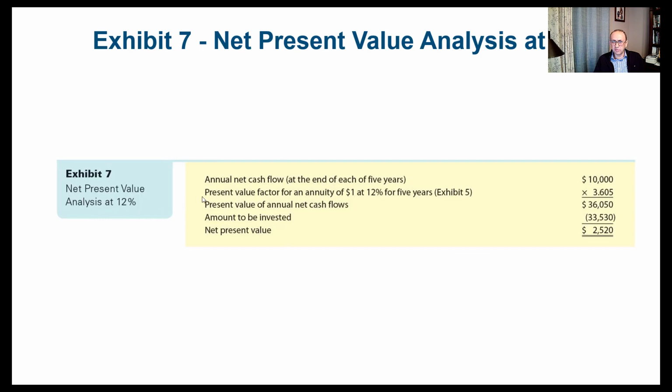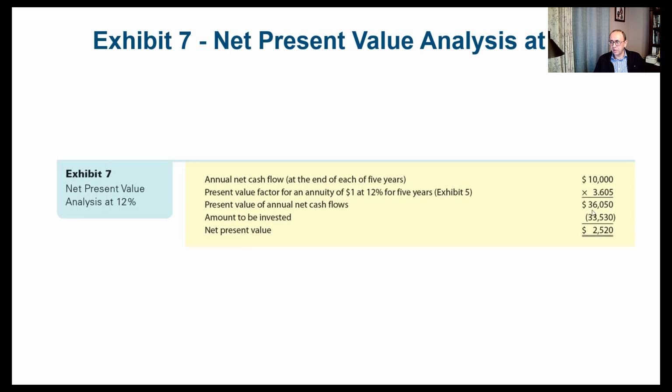So that's the net present value analysis, where we see the annual net cash flow of 10,000 multiplied by the annuity factor for 5 years at 12%. That's 3.605. So the present value of annual net cash flows of $10,000 for 5 years is going to be $36,050.